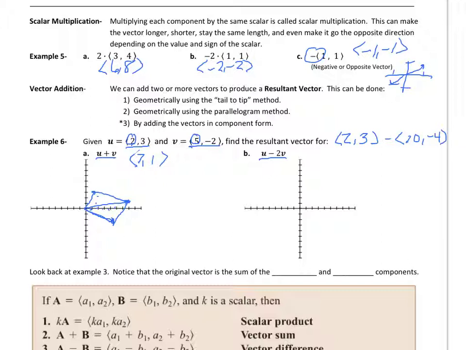So 2 minus 10 is negative 8, and 3 minus a negative 4 is 7, and there again, there's your resultant vector. So we're at negative 8 and 7. So roughly right there.